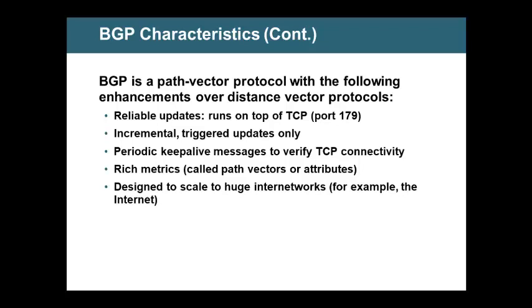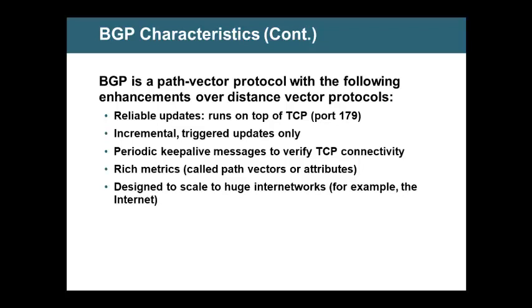So TCP-based routing protocols are highly reliable. BGP is a TCP-based application layer protocol. BGP uses port number 179.